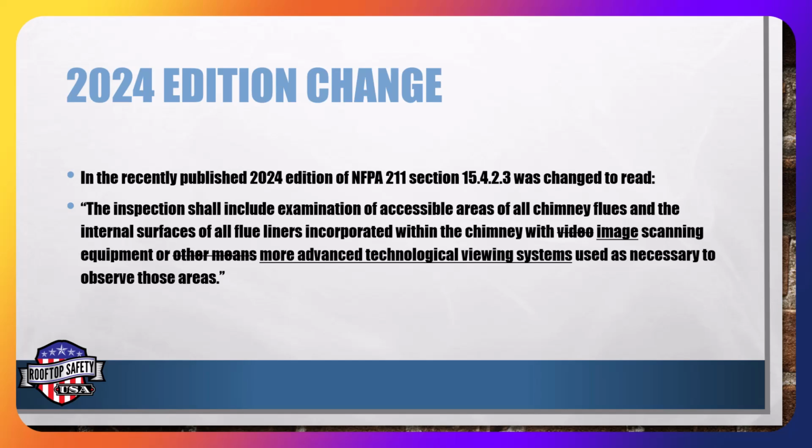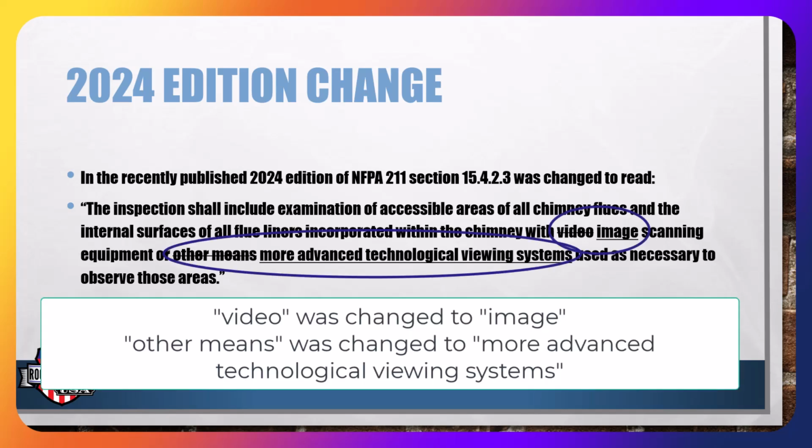So the new section now reads, the inspection shall include examination of accessible areas of all chimney flues and the internal surfaces of all flue liners incorporated within the chimney with image scanning equipment or more advanced technological viewing systems used as necessary to observe those areas.